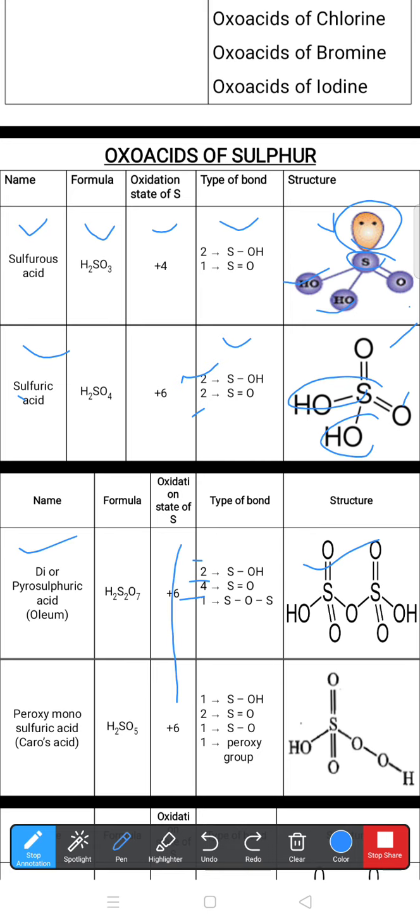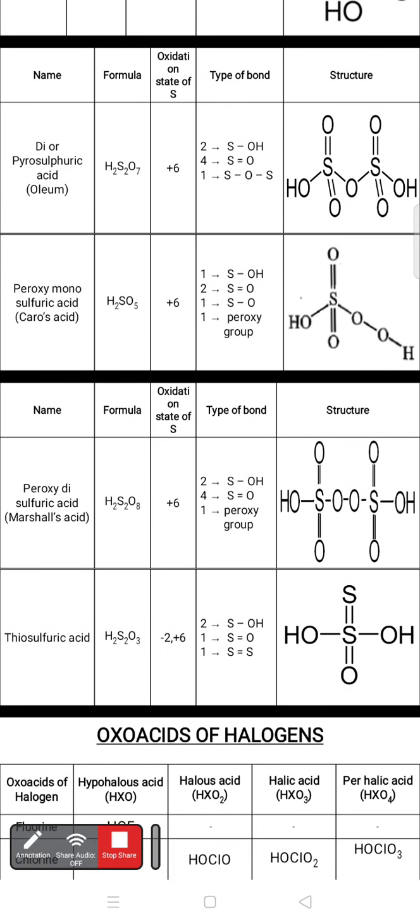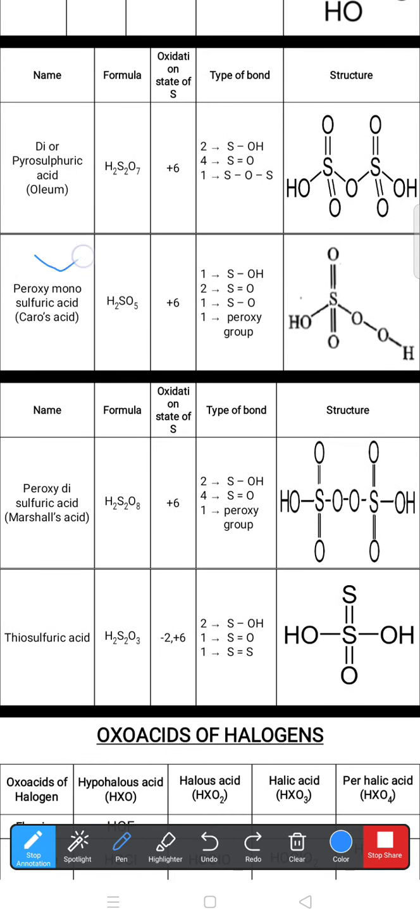Later on, next we'll see the structure of peroxymonosulfuric acid, that is Caro's acid, H2SO5. In that, sulfur has the +6 oxidation state, so one bond between sulfur and OH, two bonds between sulfur and double bonded oxygen, one bond between sulfur and oxygen, and one with the peroxy group.